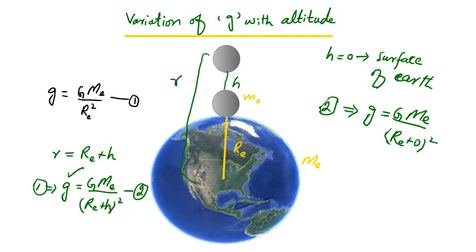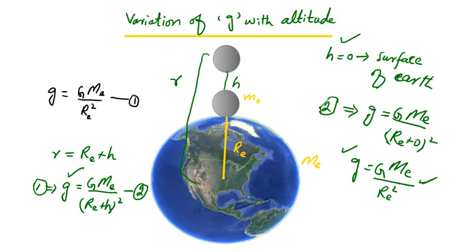So we can write it as capital G ME divided by r square. This means that on the surface of earth we have 0 altitude, or the height is 0, so we will get the similar gravitational strength as before.